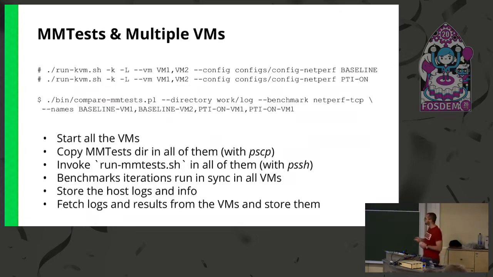And I said also that I wanted a tool which can run benchmarks inside multiple VMs, and yes, it can also do that. So instead of just specifying 1, you specify 2, 3, 4, however you need. And it does exactly the same thing with multiple starts, multiple VMs, copies MMTests inside all of them, runs the benchmarks inside all of them.